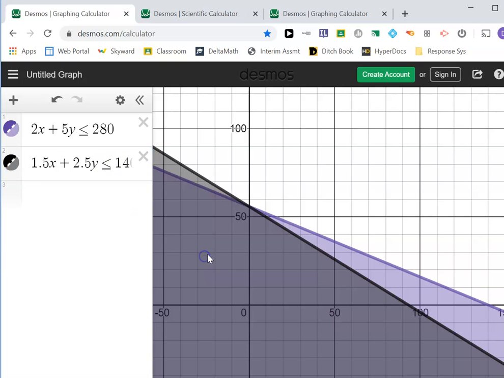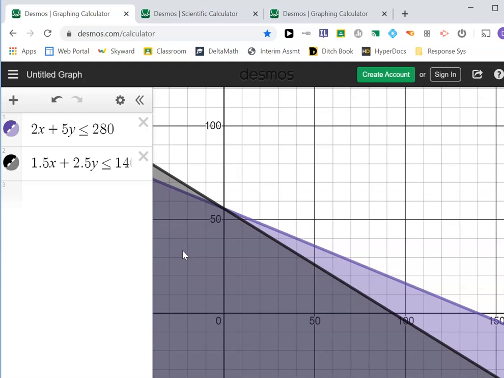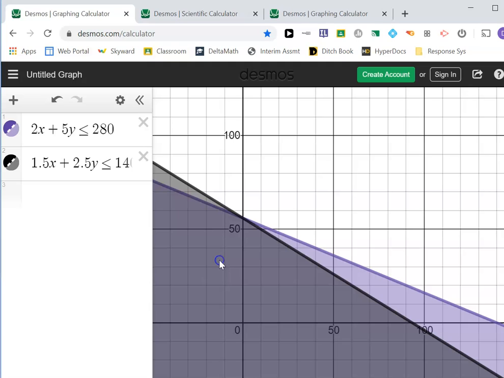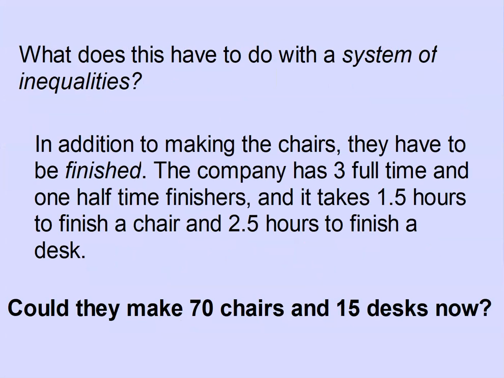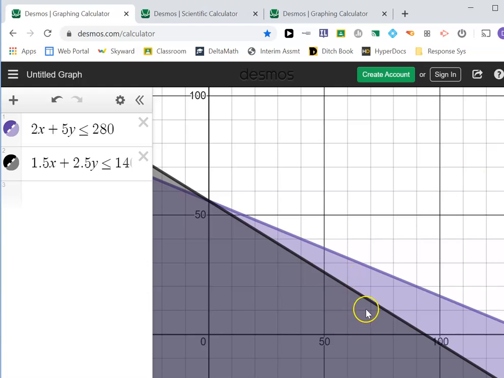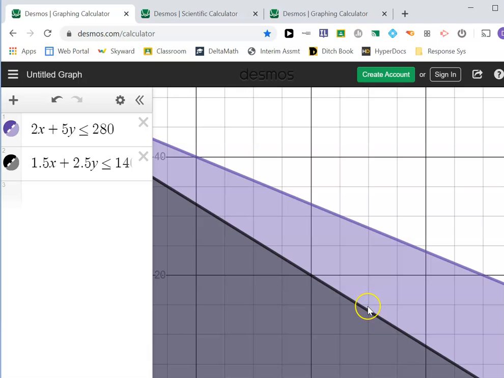Okay, and so now you can see combinations that fit into both of these. Okay, so now you can see that combination. Back when we did 70 chairs and 15 desks, if you look on the graph here, 70 and 15 is going to be right about in here, and as you zoom in, oh, it doesn't actually fit. It was close, but it doesn't fit.